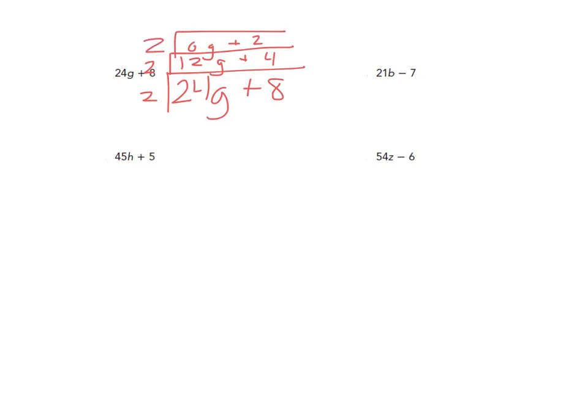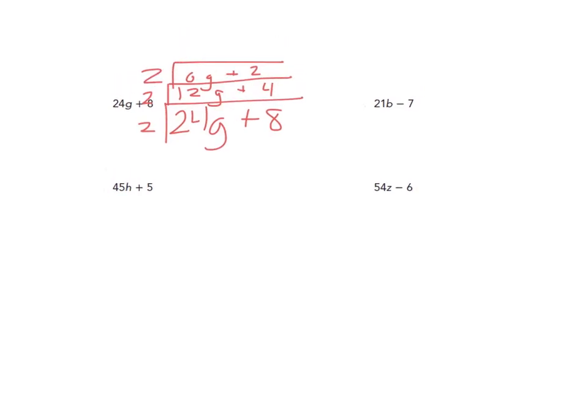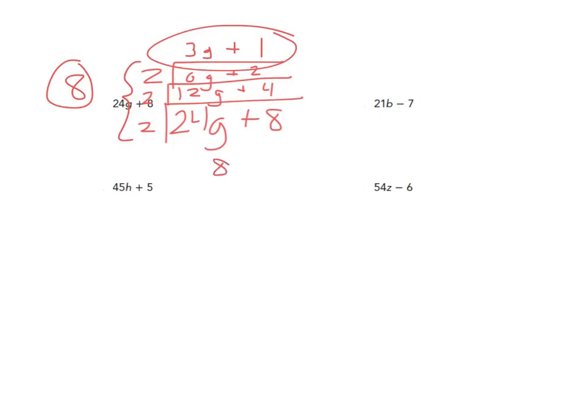That gives me 3g plus 1. But over here I've got 2 times 2 times 2. Actually, 8 is what factors into this the most. So my answer should be 8 times 3g plus 1. What you have to remember is you have to keep dividing until there's nothing else that goes into both of them.